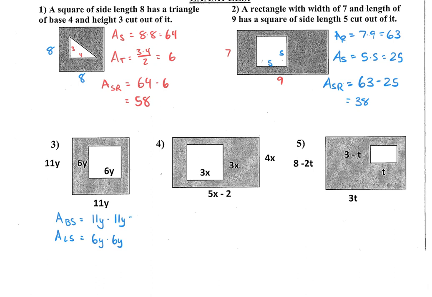So for the big square, we have 121y squared, and for the little square, 36y squared. Now, it's really good that we've got y squares on both. That way they remain like terms, and we can actually subtract them. And that means we have an answer of 85y squared.